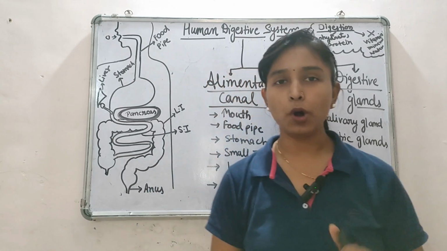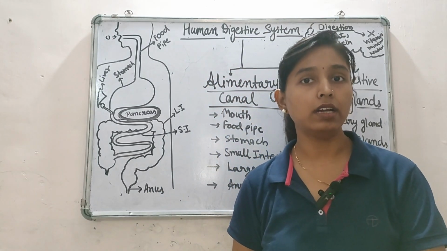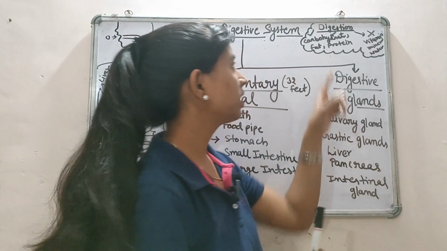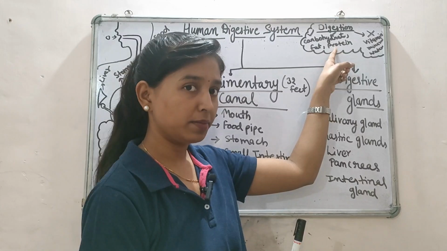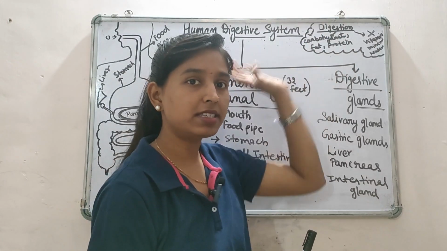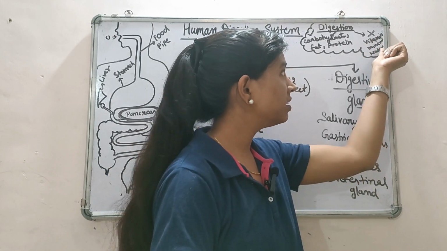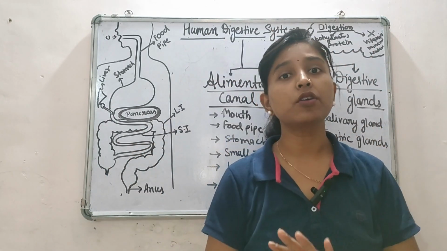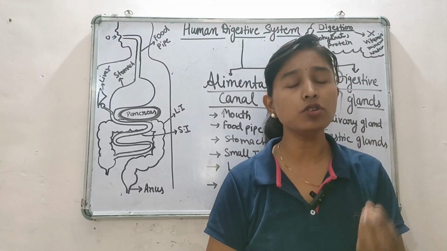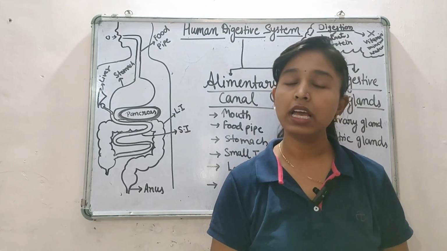Remember, there are some components inside our food which are digested by our digestive system, that is carbohydrate, fat and protein. Only these components are digested by the human body. Water, minerals and vitamins are not digested by this digestive system because they are so small they can directly be absorbed by our body.